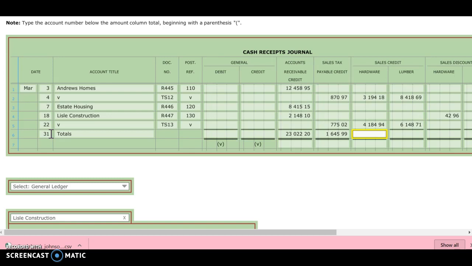My sales credit for hardware is $7,379.12. My sales credit lumber, $14,567.40.